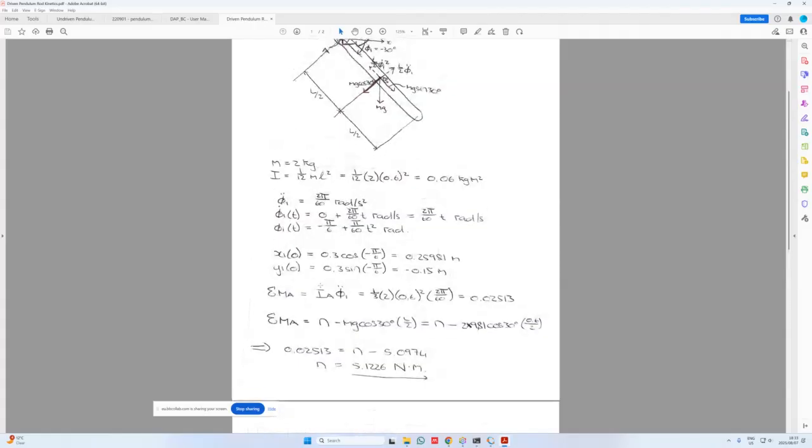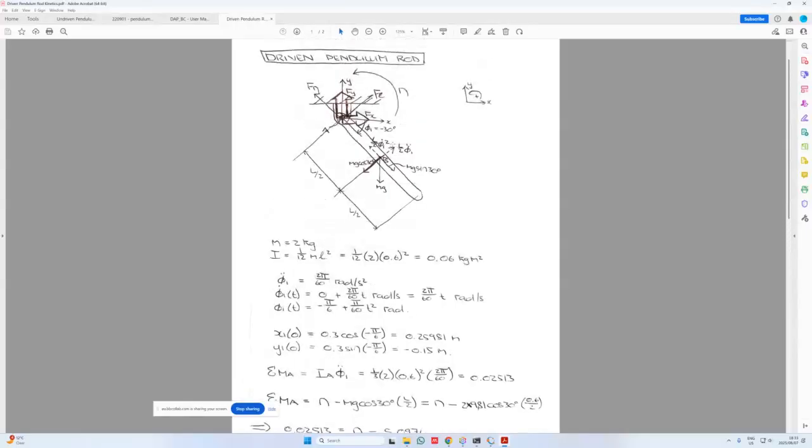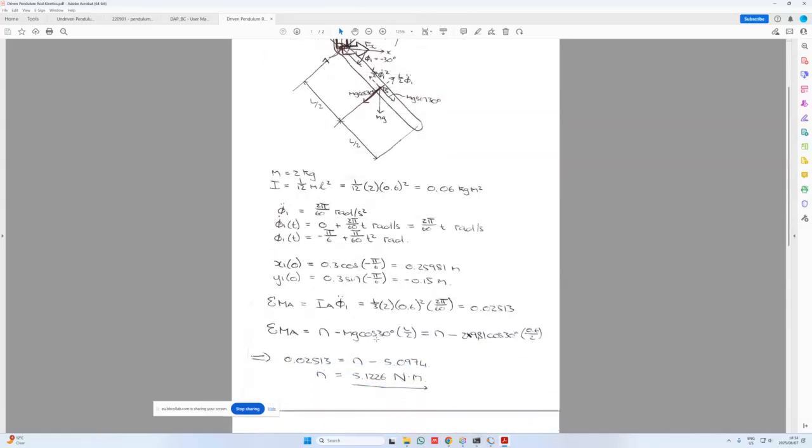And then I can also go and do a moment equilibrium calculation to find what the moment over here is that would equate essentially to this 2 pi over 60 radians per second square angular acceleration. So I enforce some moment which is equivalent to the angular acceleration.